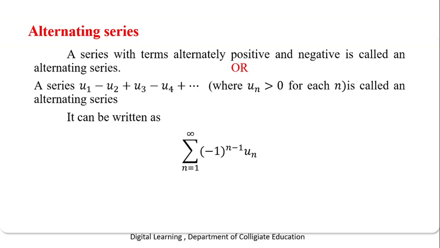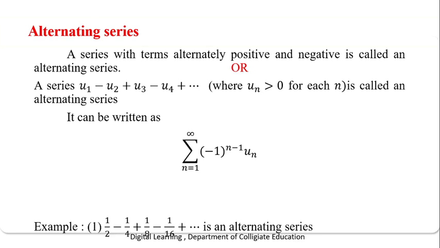This can be written in the summation form, that is summation n equal to 1 to infinity, minus 1 to the power of n minus 1 into un.